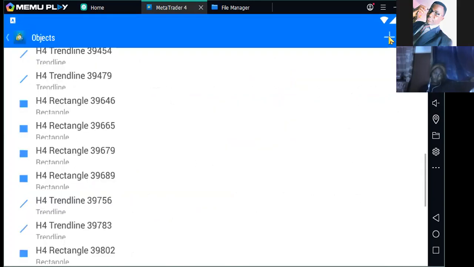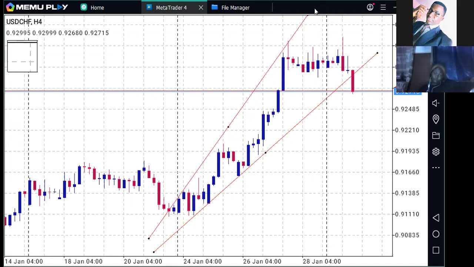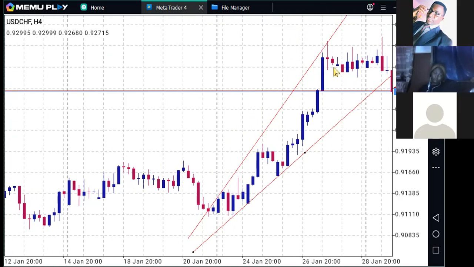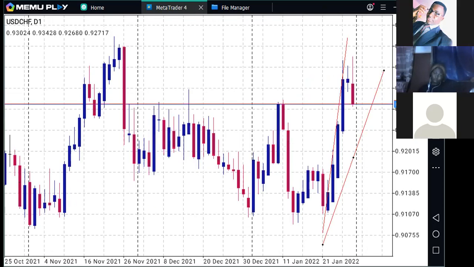So if I also place a trend line to this other direction, we also should have, but let me switch the time frame.